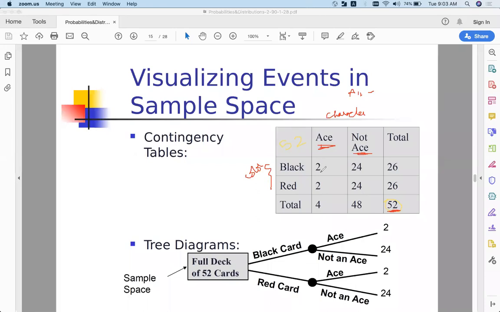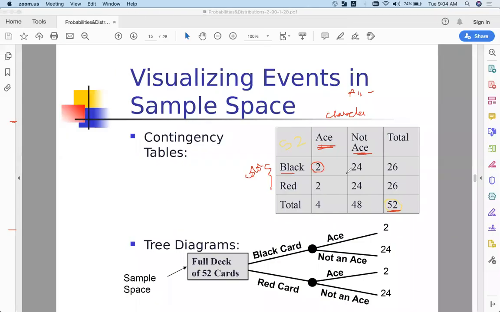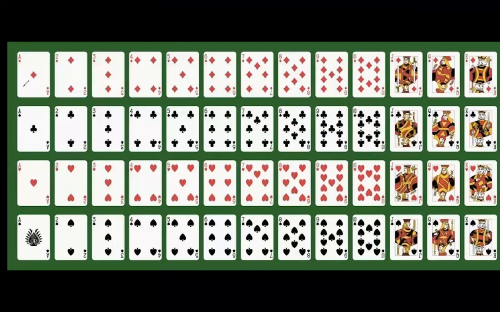There are two cards which are black and which are Ace. I'm just breaking down the 52 cards. That's all. I'm not doing anything else, so that it will be easy and you can understand better. What does Ace mean? Ace means the number A.